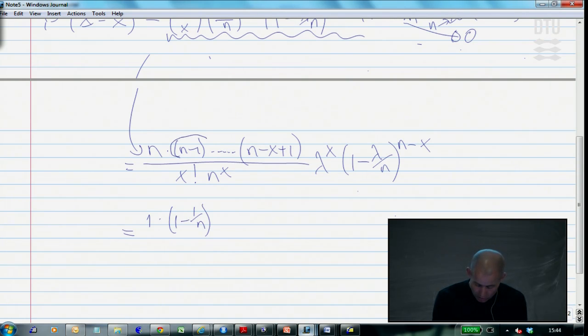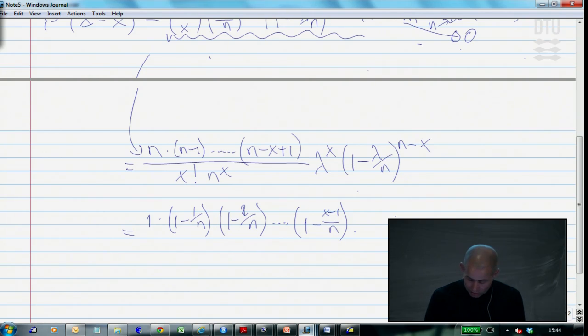Look at this term: I divide n by n, and I divide 1 by n, and I obtain this term here. And I do that for all the terms, down to 1 minus (x minus 1) over n. So this is the binomial coefficient I have here.